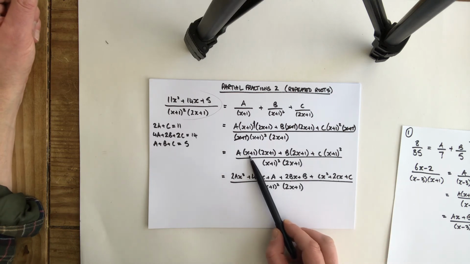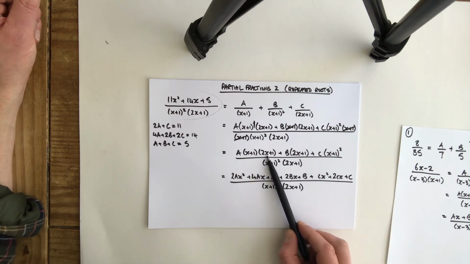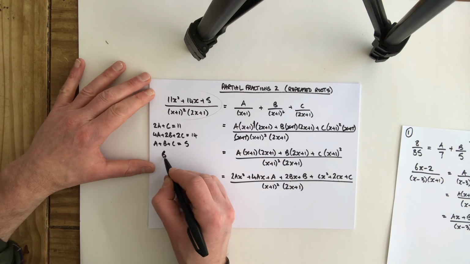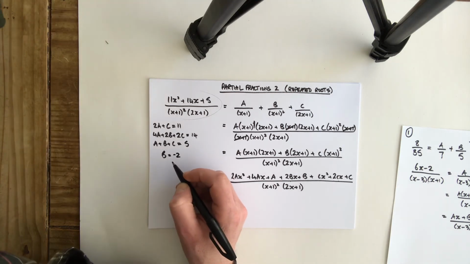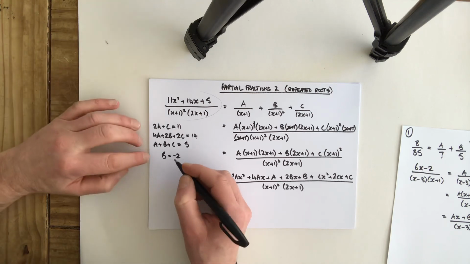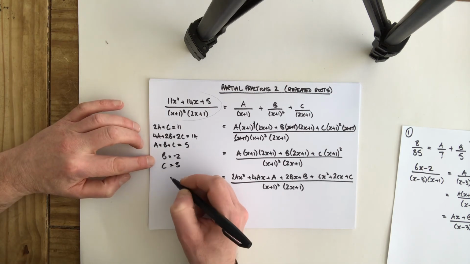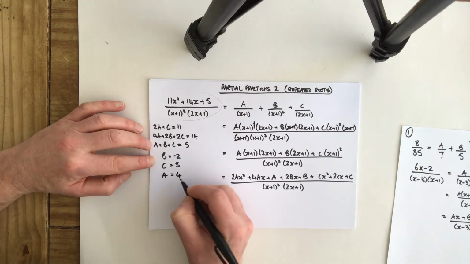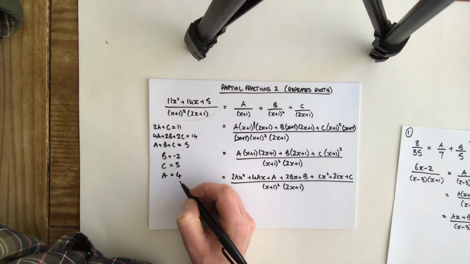So in this case, I'll substitute in x is minus 1, and then I'd substitute x is minus a half. Either way, you should get answers of b is minus 2, c is 3, and a is 4.